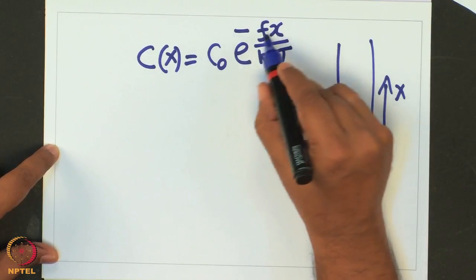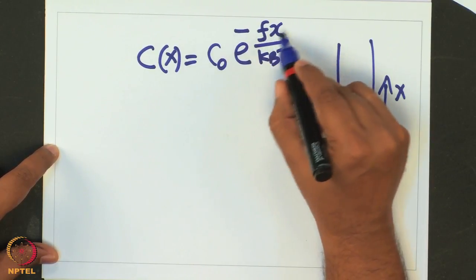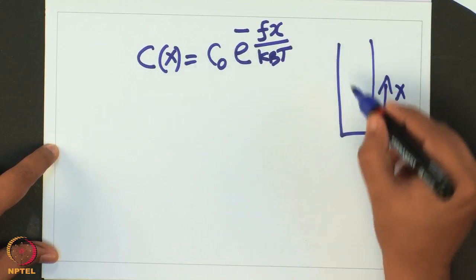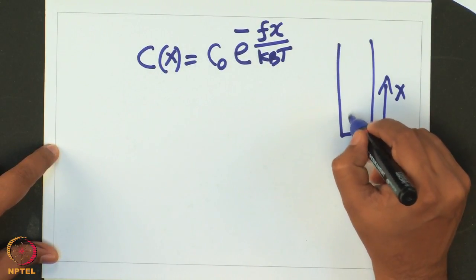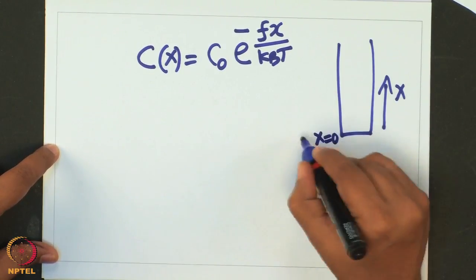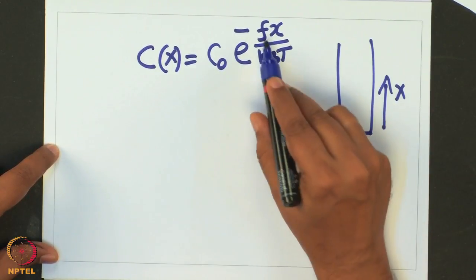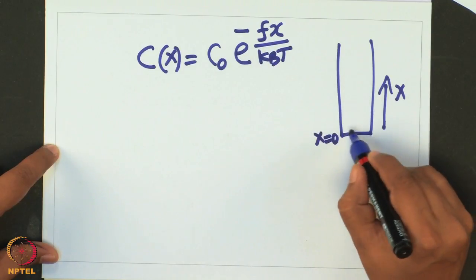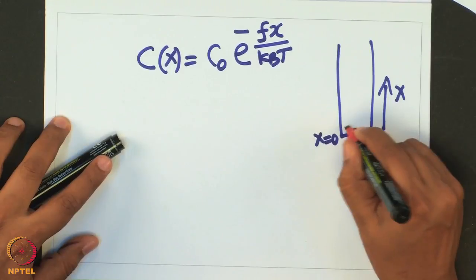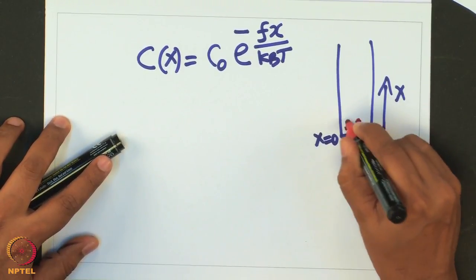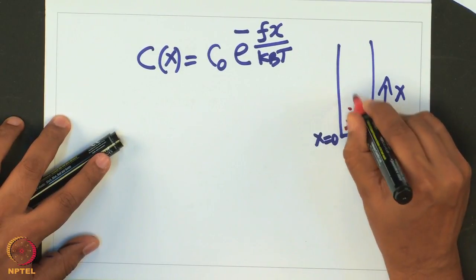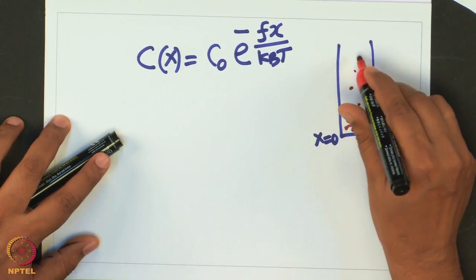So, Fx is the energy, force times distance, and kBT is also energy. So, at x equal to 0, that is at the bottom, there will be high concentration, which will be C0, and as you go the concentration will decrease.